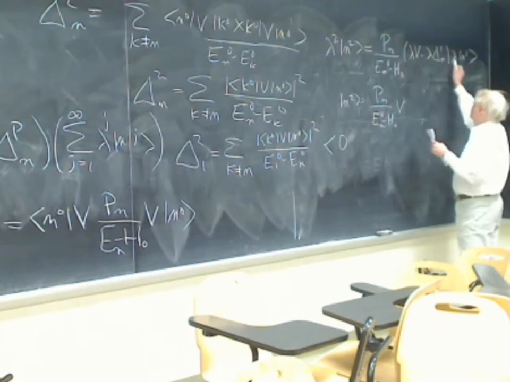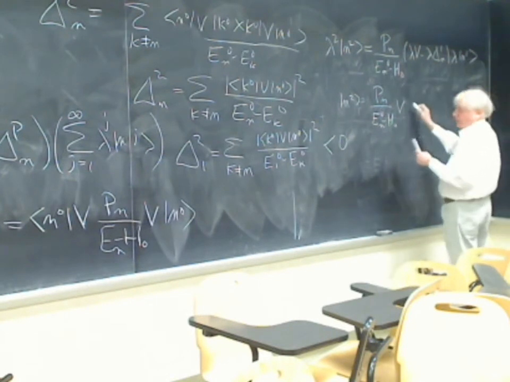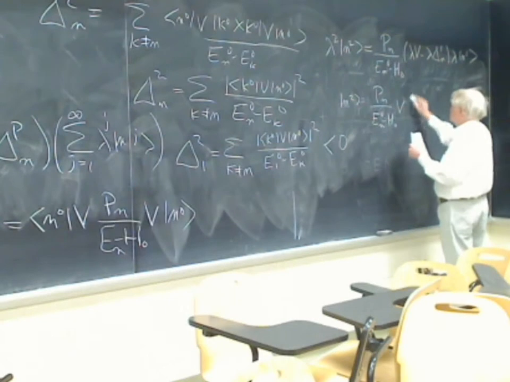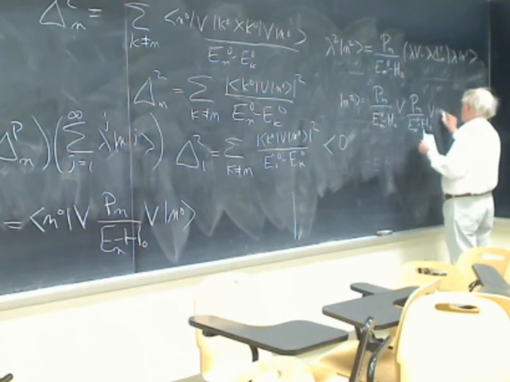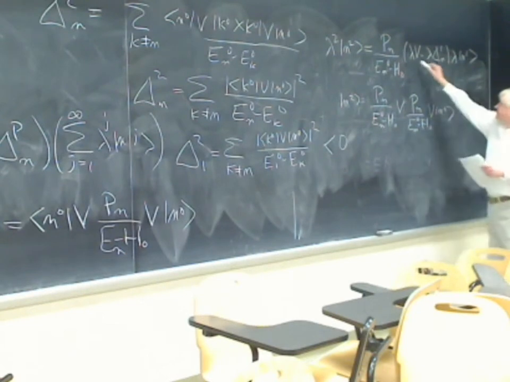Okay, I'm going to separate these two terms. Now n1 gives us P sub n over E n0 minus H0, V n0. So that's the first term.